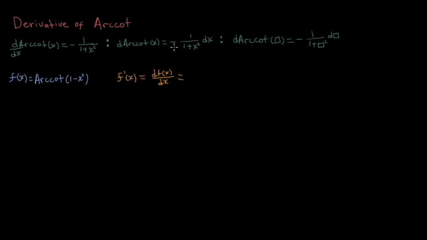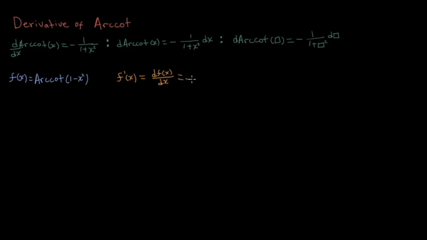So as an example, let's say we're given this function here, f of x is equal to arccotangent of 1 minus x squared. To evaluate the derivative of f of x, which we can also write in Leibniz notation, df of x by dx, we will go ahead and follow this format here.